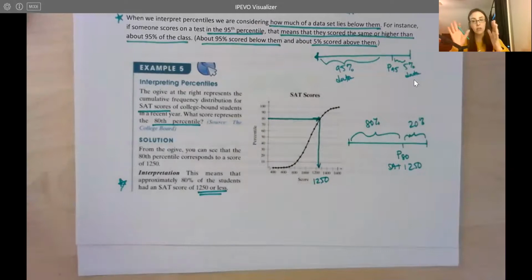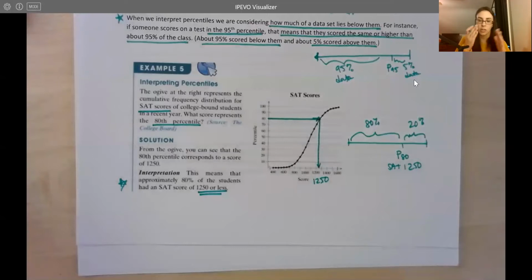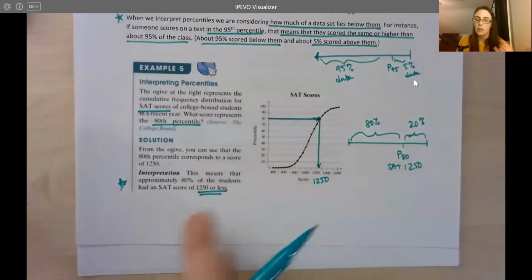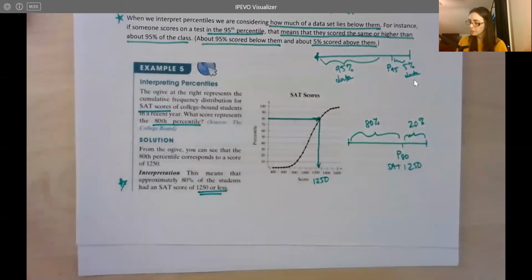So around 80% of the students had below a 1250, and around 20% had above a 1250. Okay, now that 1250 can kind of go in either category. It's not a clear cutoff of you have to be strictly less than or greater than. So that's why they say here 1250 or less is usually the interpretation.